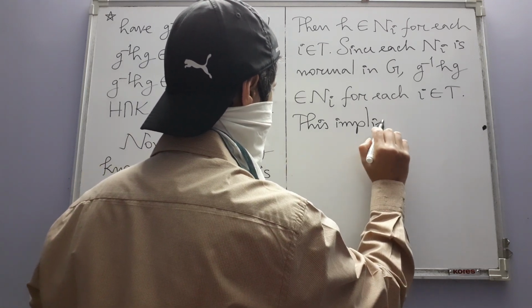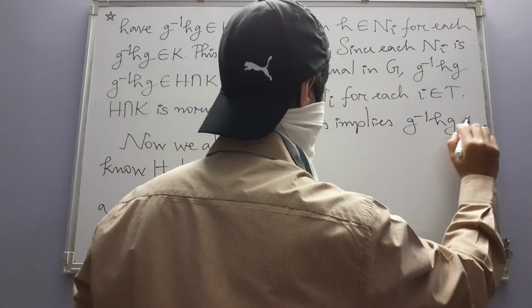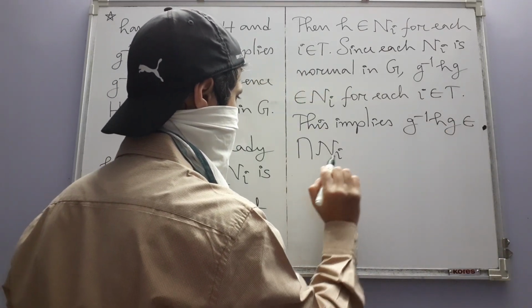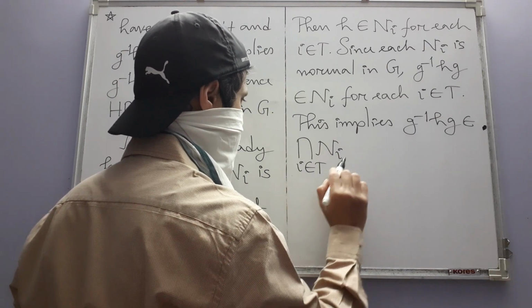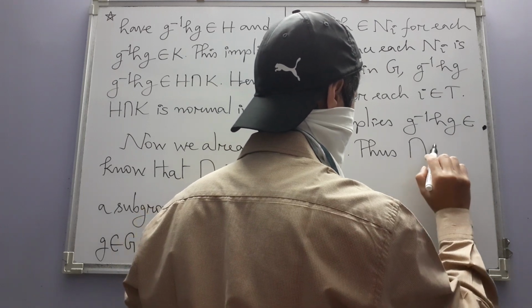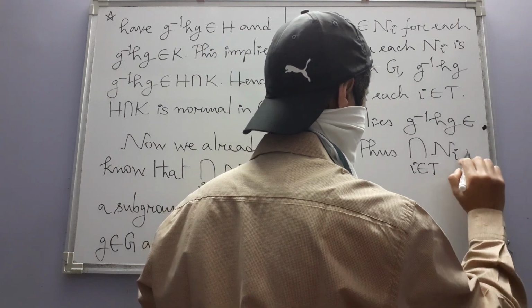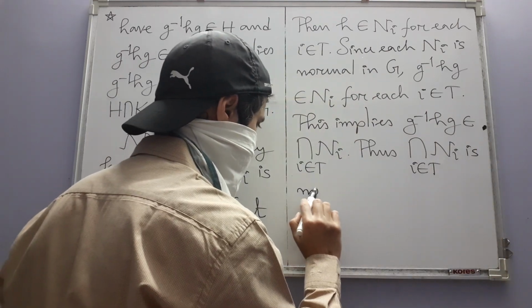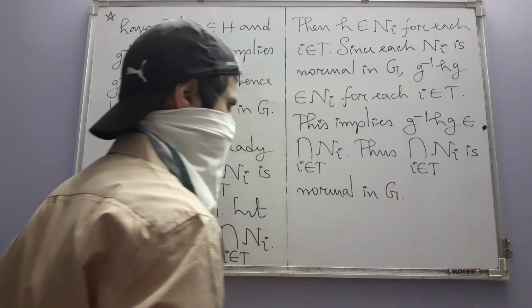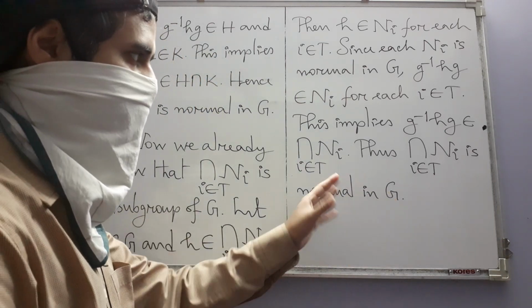This implies g inverse hg belongs to our intersection. Thus, the intersection is normal in G.